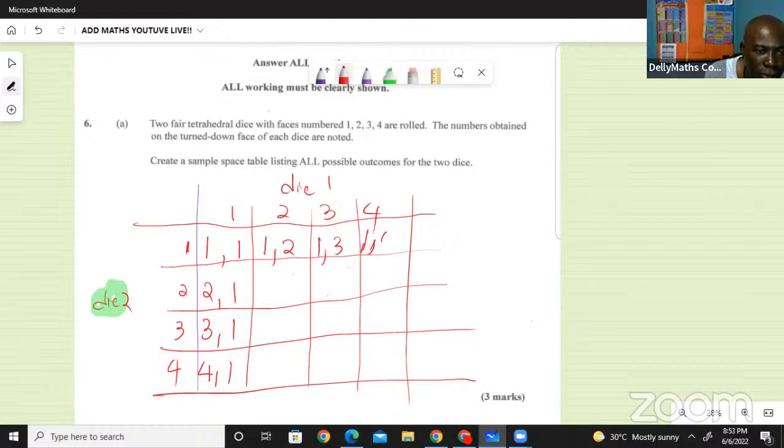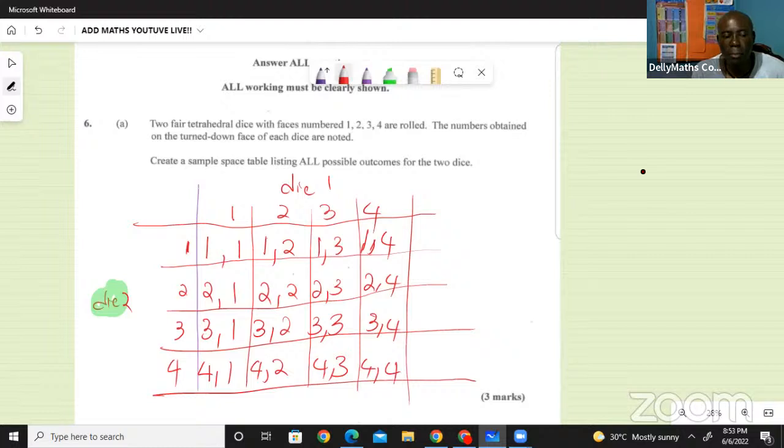It's up to you how you want to represent this. We could have a 2 with a 2, a 2 with a 3, a 2 with a 4, a 3 with a 2, a 3 with a 3, a 3 with a 4, a 4 with a 2, because we had 4 with a 1 already, a 4 with a 3, and a 4 with a 4.